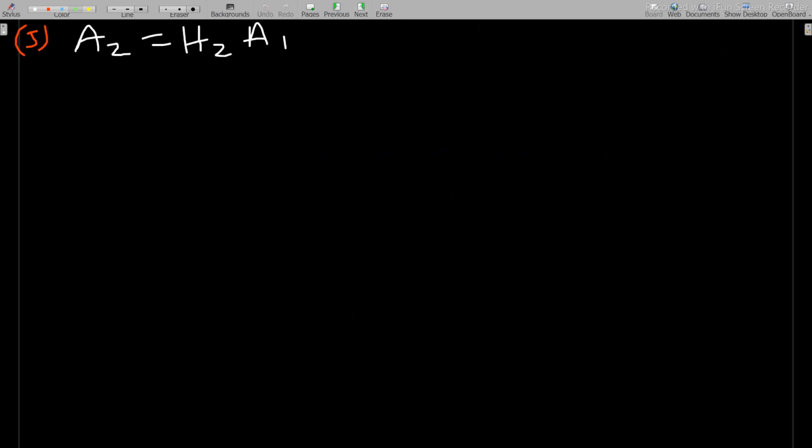So let's call this A1 tilde. It is the 3x2 part of our A1.